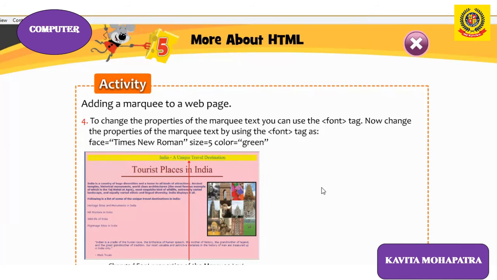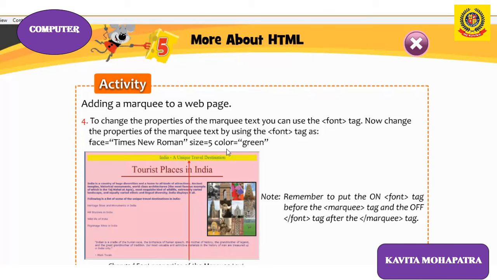Adding a marquee to a web page, and changing the properties of the marquee: you can use the font tag. Now change the properties of the text using the font tag. You can write font face equal to Times New Roman, size equal to 5, and color equal to green. Remember to put the opening font tag before the marquee tag and the closing font tag after the marquee.